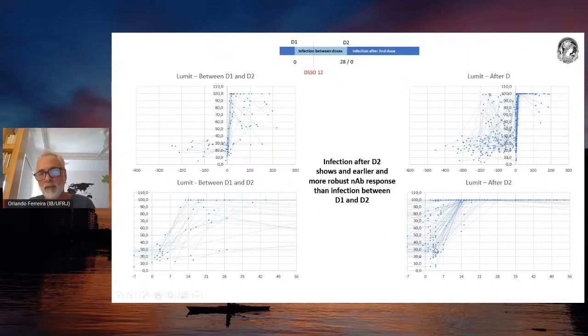What we have observed is that the neutralizing antibody appears after day 3 and 4. In other words, up until day 3 and 4, nothing happens. Everything remains the same.